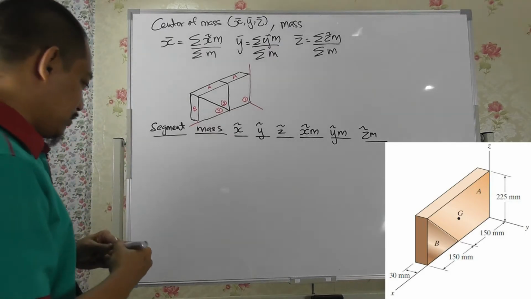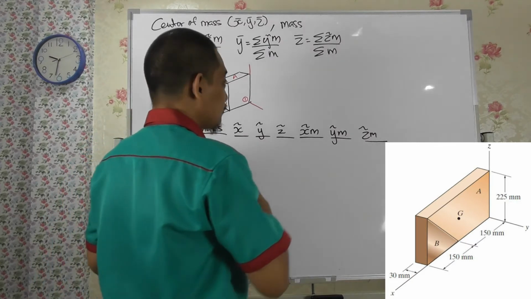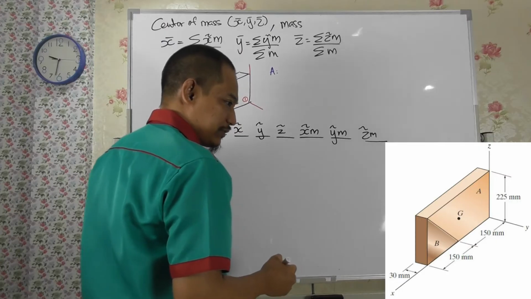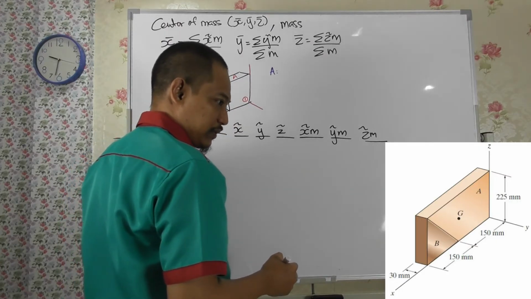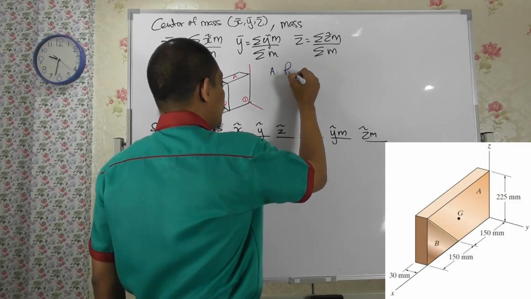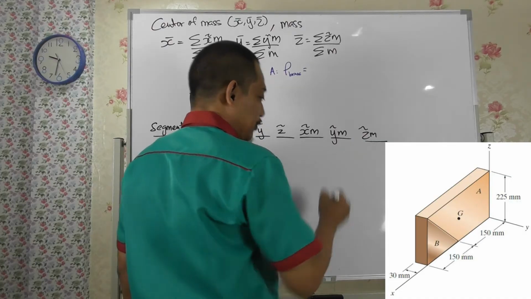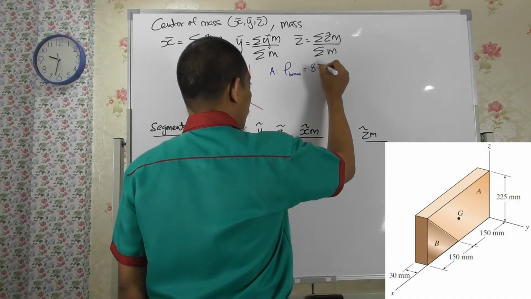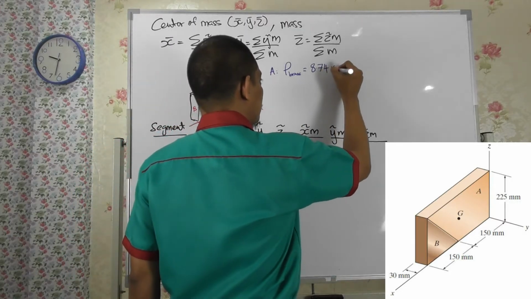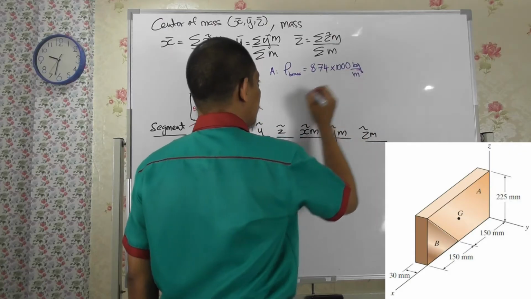Okay, and what we know about materials A and B again is, for A, it is brass, equal to 8.74 megagram, right? Megagram is roughly times 1,000 kilogram per meter cube.